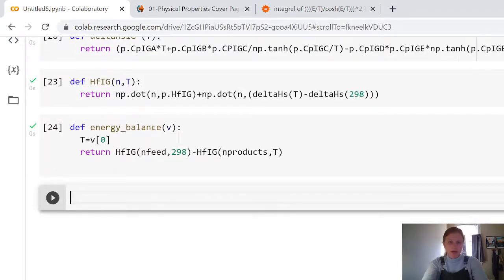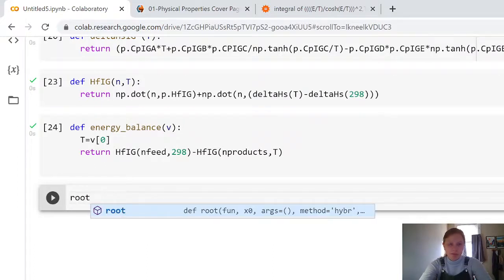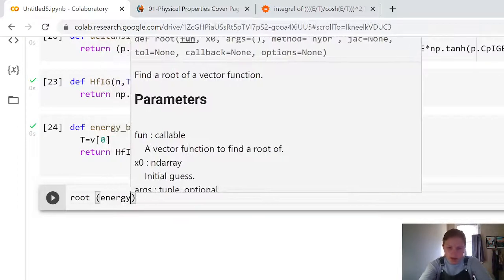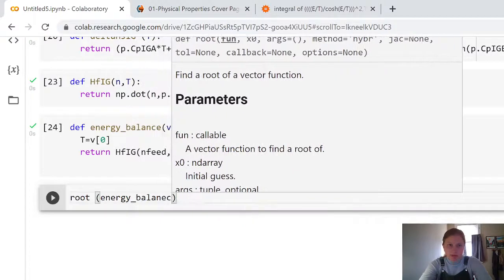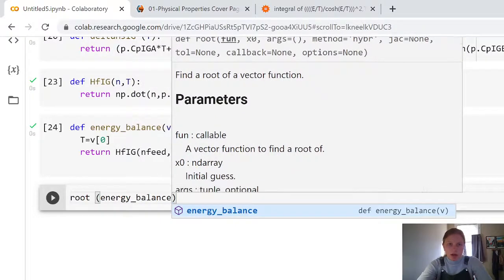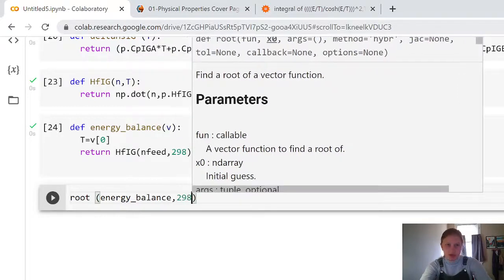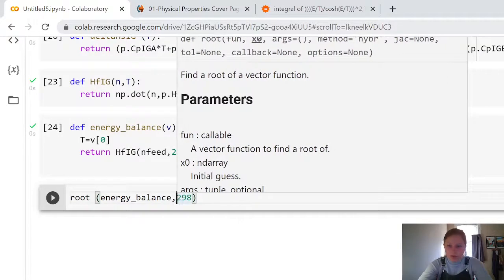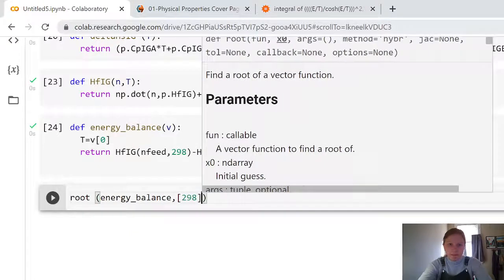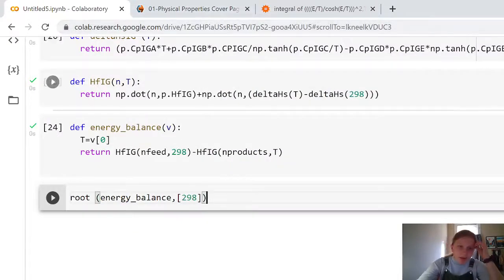All right. Now, down to our last step, we want to use our root solver from SciPy to figure out what our final temperature is. So we're going to do root, energy balance function, and we want to put in our initial temperature as our initial guess of 298. Okay, see if I did it right.